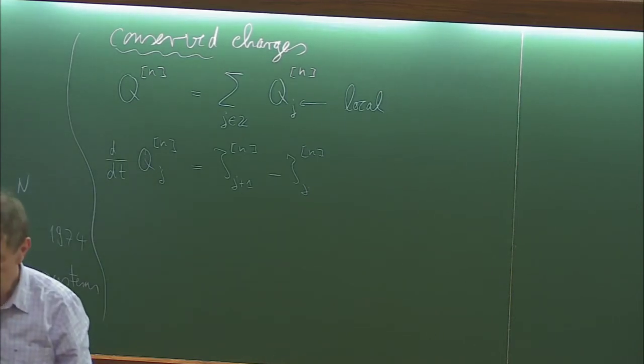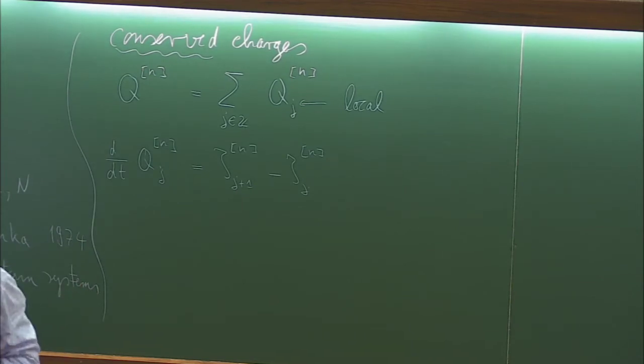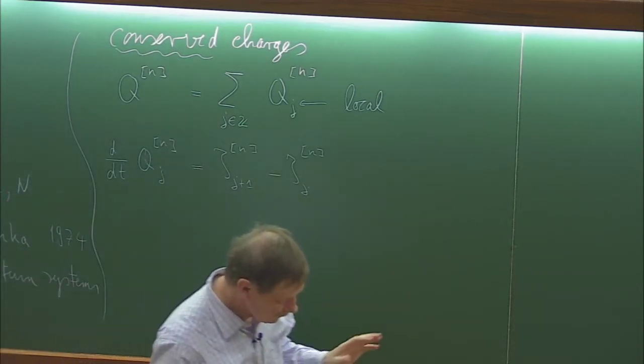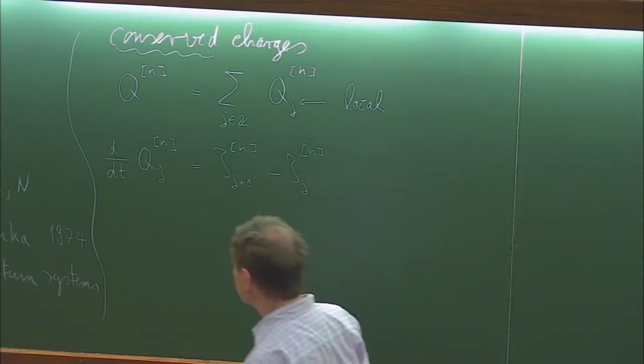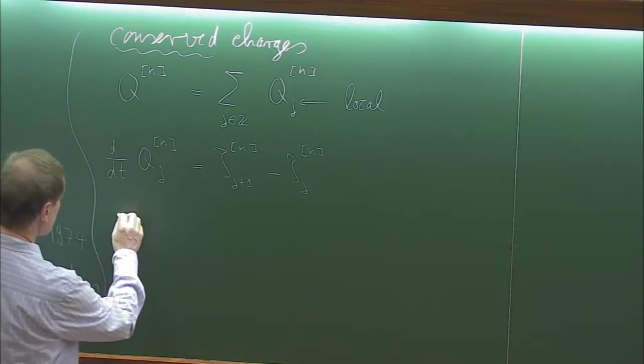Now, this is the definition which is from the beginning for the infinite system. Of course, you can do finite approximations, but I want to do this really for the infinite system. And now the question is how many conservation laws do you have?